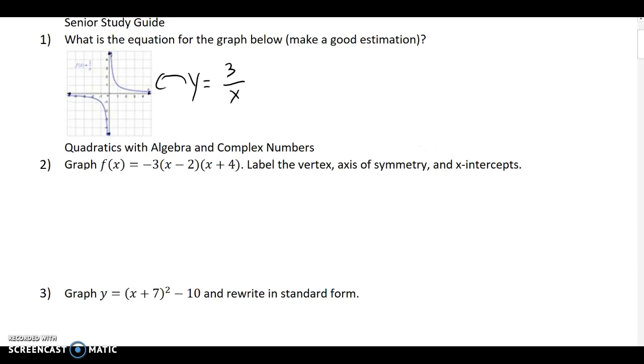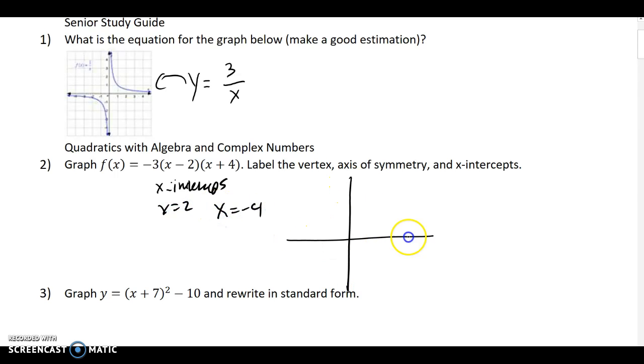Question number 2. Looking at this, I know that these are x-intercepts here. So we have x equals 2 and x equals -4. When I graph this, I have 2, -4. And then the number in the middle is the axis of symmetry, which is -1.